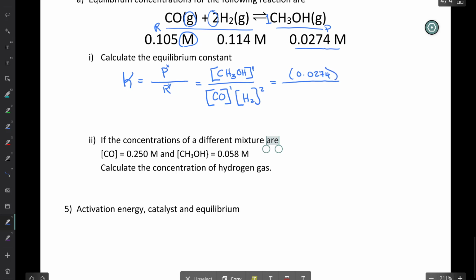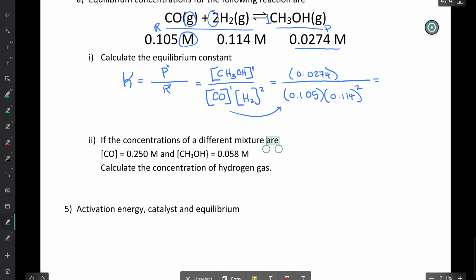We leave the units out, and there's a long technical explanation as to why, but we're not going to go into it. As long as it's molarity units, it's fine. So the concentration of CO is 0.105. And then the concentration of H2 is 0.114, and I'm going to square that number.